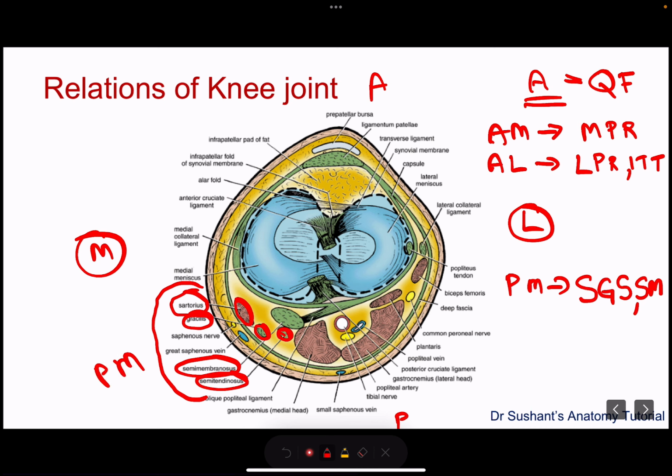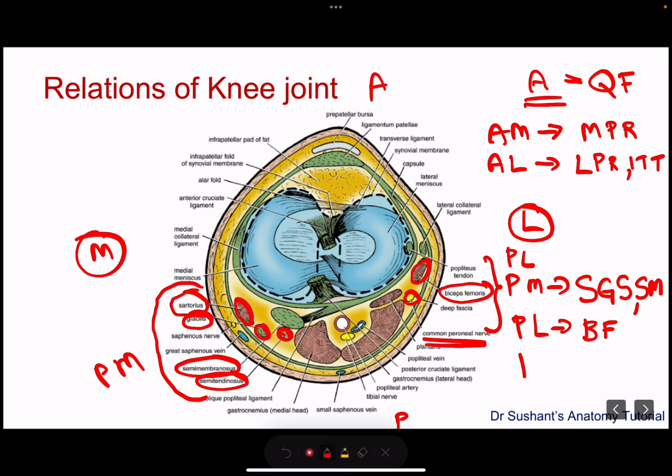Now posterolaterally it is formed by the biceps femoris. This is the biceps femoris here, and we have the common peroneal nerve. This is the posterolateral relation.